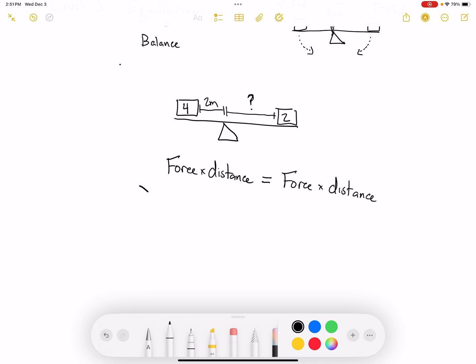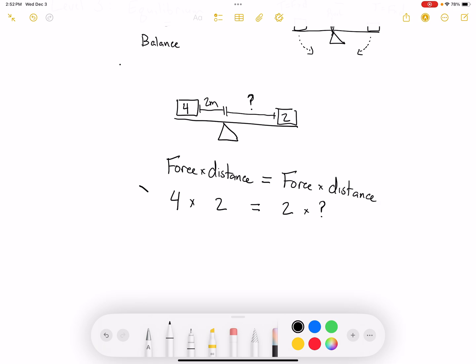Again, they are in equilibrium. I need these things to be equal. And so I have a block that is applying 4 newtons of force at a distance of 2 meters away from my pivot point, and I'm going to set that equal to a force of 2 newtons, again, that's the weight of the block, times some distance that I don't know.